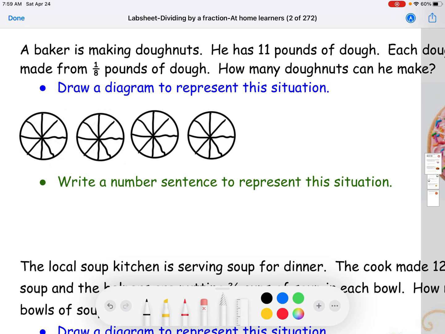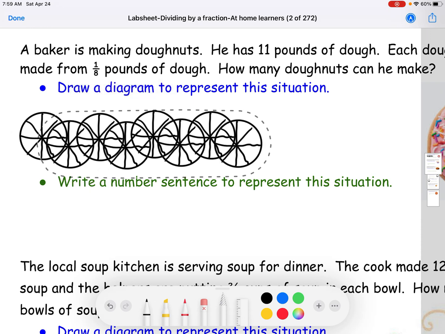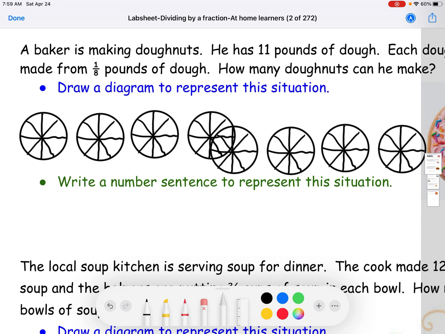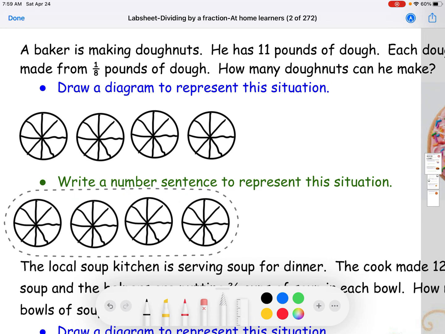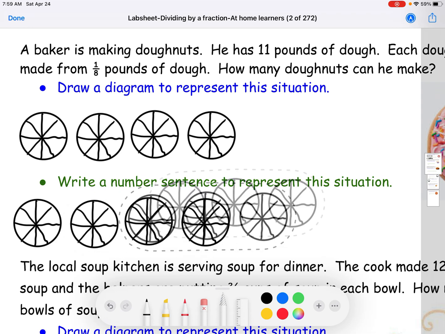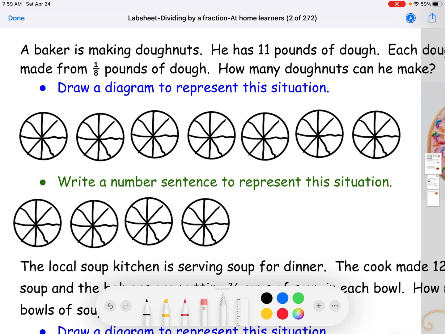So hopefully these all fit. And let's get 8 of them now. And I'm running out of room, huh? I'm going to put them down here, even though I know I need them up there. So that is 8, 9, 10, and 11. Whoops, that's not what I wanted. And here we go. We'll slide those up there, right? So there's that diagram to represent that.